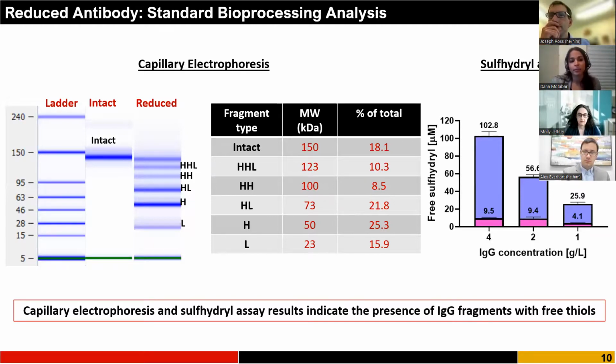You're getting one band for the intact protein and a lot of smaller fragments for the reduced protein, which is exactly what you would expect, and that's what happens when antibody is reduced in an industry setting. And then we also confirmed the thiol content using a free sulfhydryl assay, which just measures the cysteine concentration in your sample. It basically shows that we got a lot of cysteine for the reduced samples, and it tracks in a concentration dependent manner.